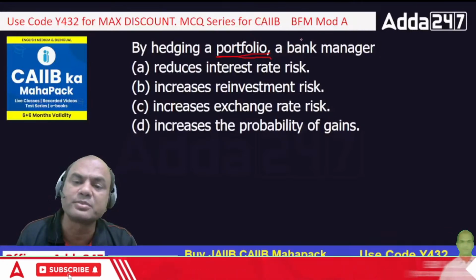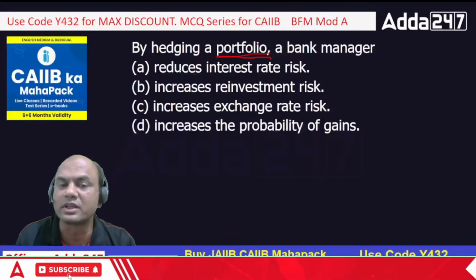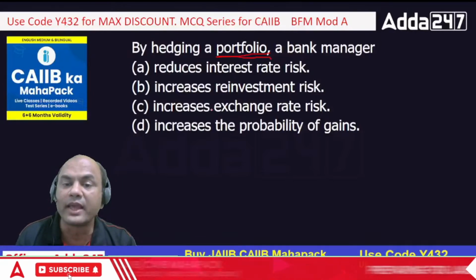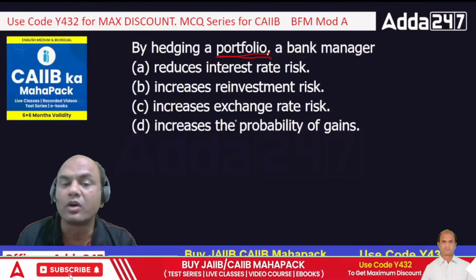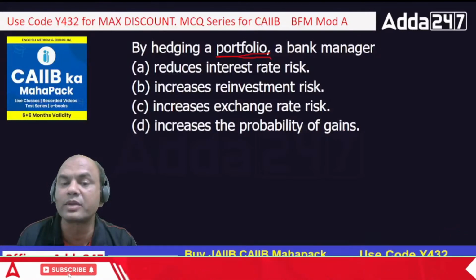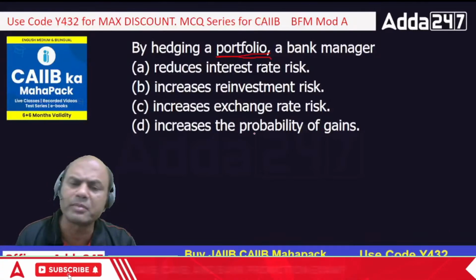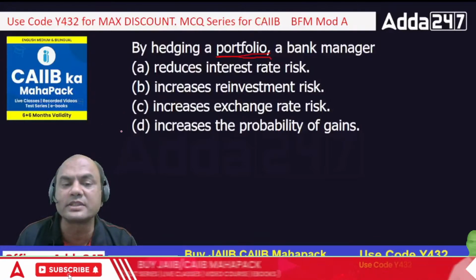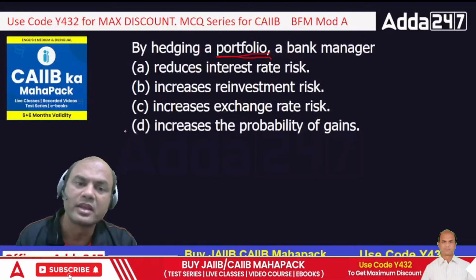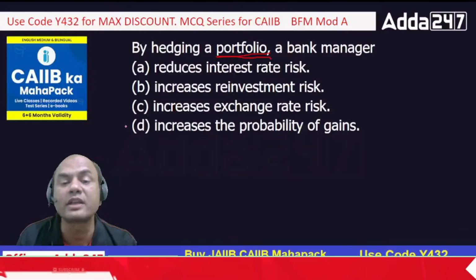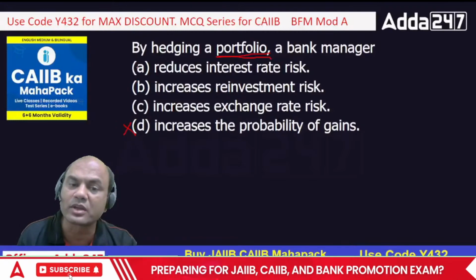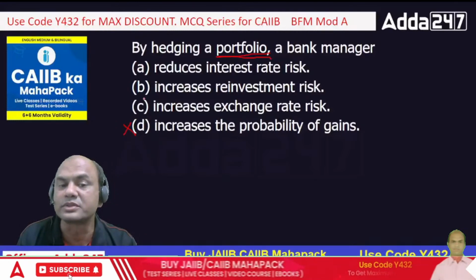So what does this manager actually reduce? Interest rate risk or reinvestment risk, exchange rate risk, or increases the probability of gains. Probability of gains here. Hedging is never for increasing the gains. Never. Hedging is always for reducing the risk. So D is out.